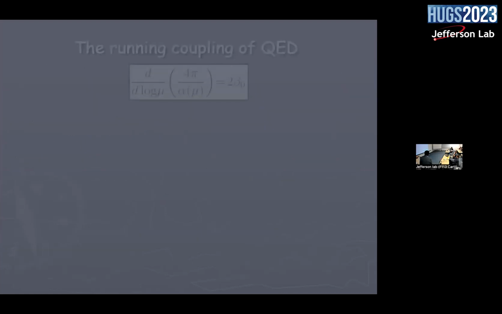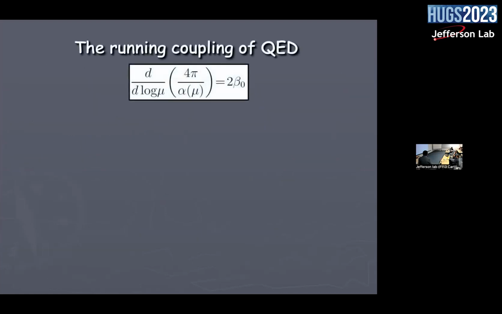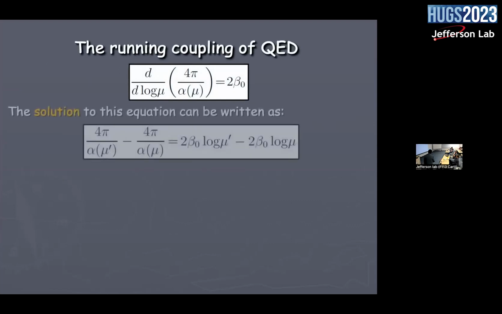This is what we write back in here. And what I can try to do is ask what the solution of this is. There is a derivative involved, so when you integrate it, a constant of integration will come. But I just conveniently divided it into this part. This constant of integration here and here depends upon mu prime, another scale, but that's a constant. And therefore, I can write the solution of this as such.